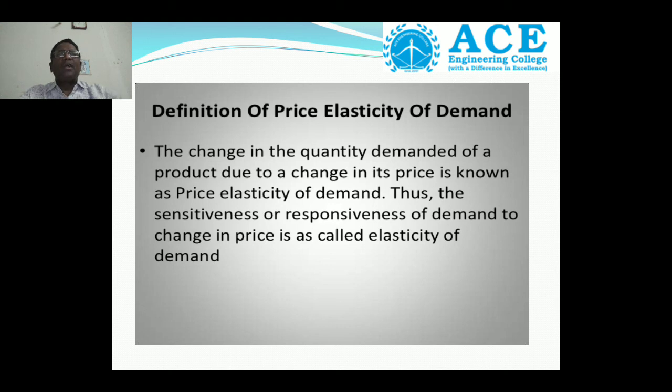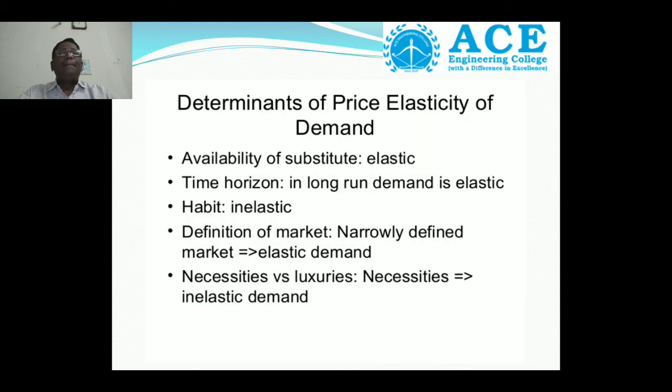Then what are the determinants of price elasticity of demand? The first one is availability of substitutes. Substitute demand is elastic demand. First we should know the meaning of substitute.